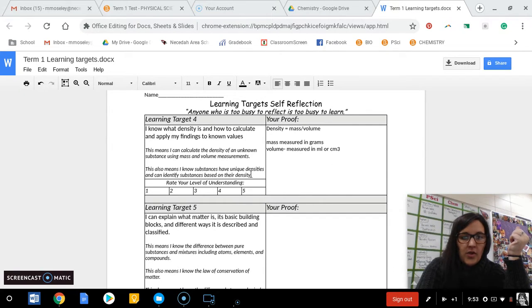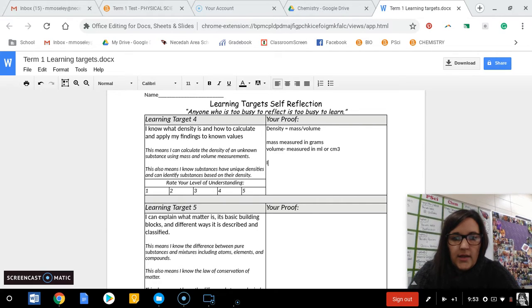And then the other part of the learning target says, this means I know substances have unique densities and I can identify them based on their densities. So this is like on one of your quizzes, you had a chart that had like vegetable oil and glycerin, and you had to figure out density, and then based on that density, you could look at the chart and figure it out.